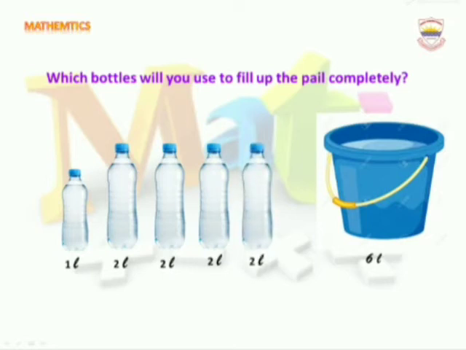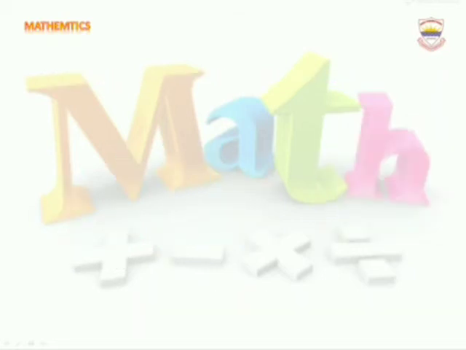Now we have to choose the bottles which contain total 6 liters of water. So we choose 3 bottles of 2 liters that contain 6 liters of water. How many bottles do we take? We take 3 bottles because 3 bottles of 2 liter contain 6 liters of water.